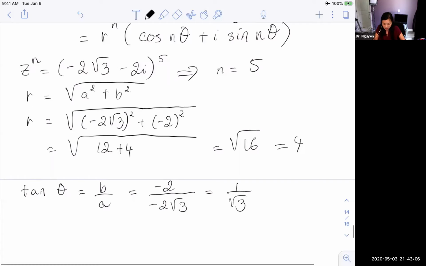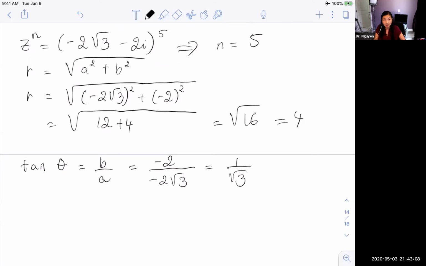Okay, so if you check the unit circle, you will figure out that z is in Q3, right? And then we have theta is 7 pi over 6.